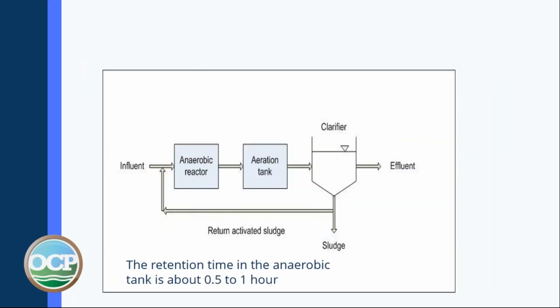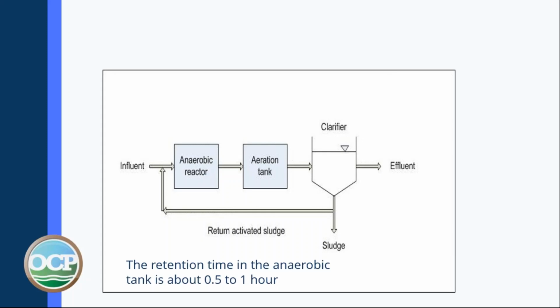Here is a typical system, an activated sludge plant. Your influent is mixed with the activated sludge. It goes into an anaerobic reactor, a mixing tank, very low DO, close to zero. And your retention time in that tank is about 30 minutes to 1 hour.